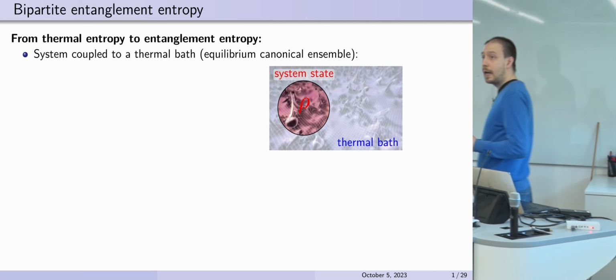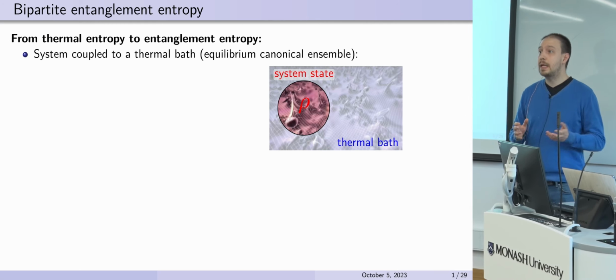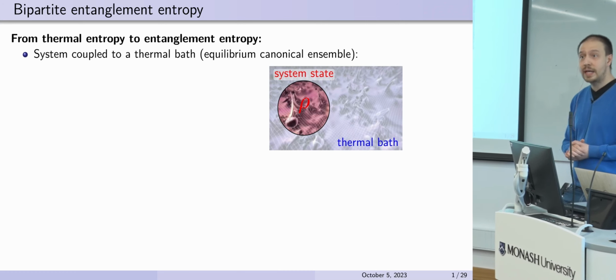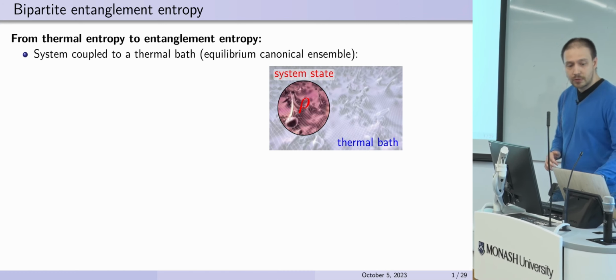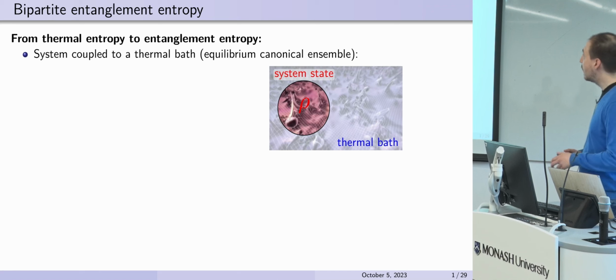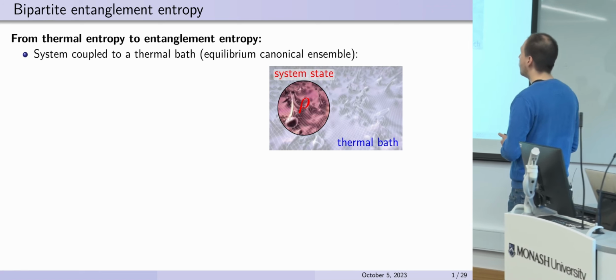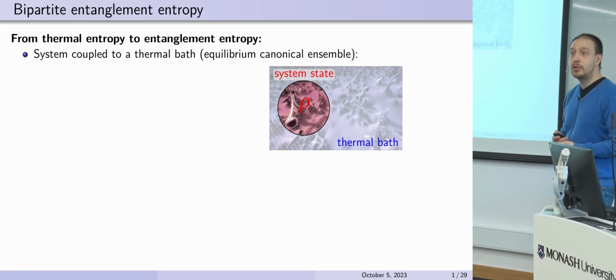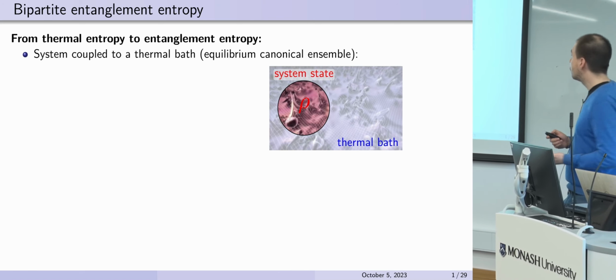The key player of this talk will be the so-called bipartite entanglement entropy. If you want to get an intuition for what this is, let's start from the thermal entropy that you know from statistical mechanics.